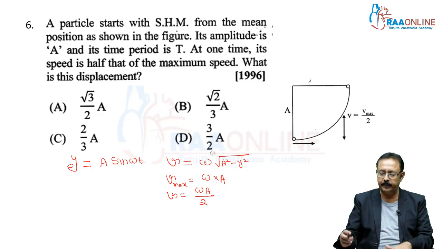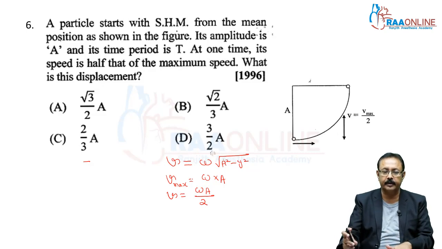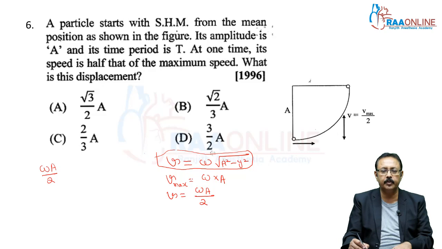We have to calculate that displacement, and there is no need for the displacement equation. We are going to put this v in the formula. So omega A divided by 2, from the formula by which we got the maximum velocity, is equals to omega root of a square minus y square.